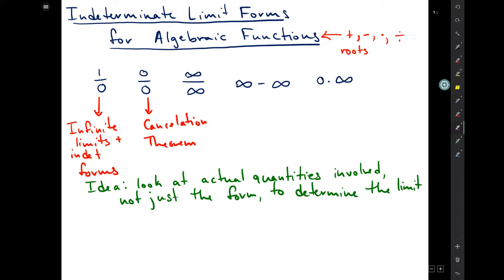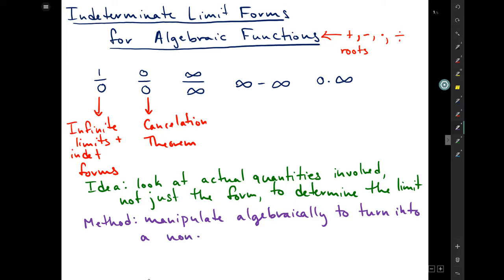A way of describing our general method for these, and again, there are other methods that we'll cover later, especially when you're dealing with transcendental functions, where these methods don't really work. But our method for today for algebraic functions, for these types of indeterminate forms, is to manipulate the expression algebraically to turn it into a non-indeterminate form.